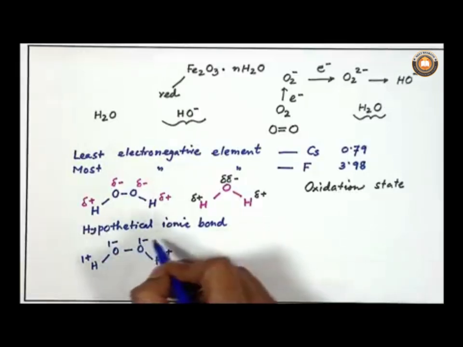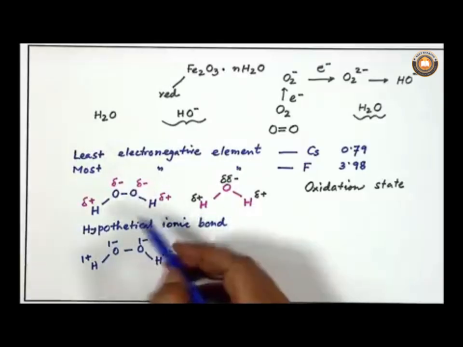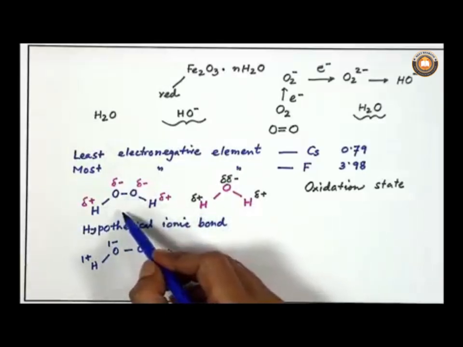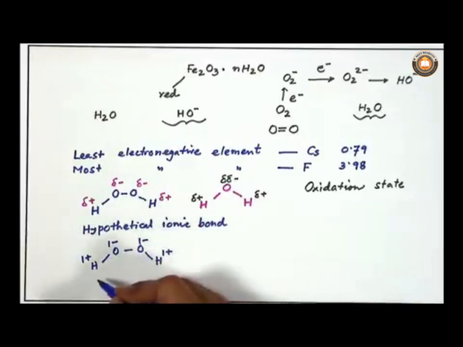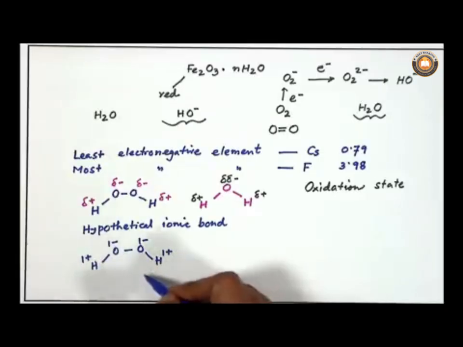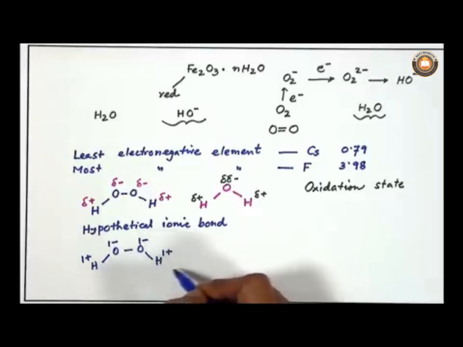So, in the hypothetical ionic bond formation, whether it is for the hydrogen peroxide or the water molecule, we will get a complete charge separation, and this H which has already acquired a positive charge, 1 unit positive charge, can be removed from here as H plus. The other hydrogen is also of the same character, so it will also be lost as H plus. So, what we get?